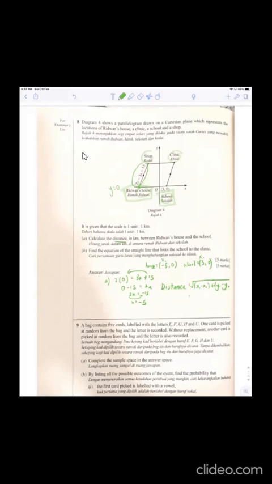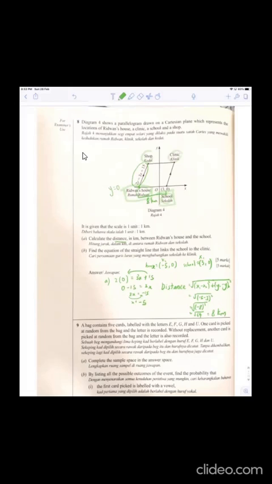Y is nothing, so that means negative 5 minus 3 squared, so it is negative 8 squared, which is 64, so square root of 64 is 8, so the answer is 8 km. So from here to here is 8 km.